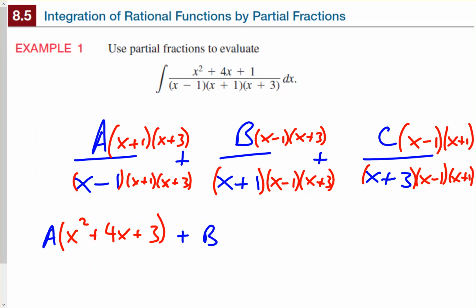Plus b, and then FOIL these two, x squared plus 3x minus 1x, that's a plus 2x minus 3. And then plus c times, this is a difference of squares, so this becomes x squared minus 1.